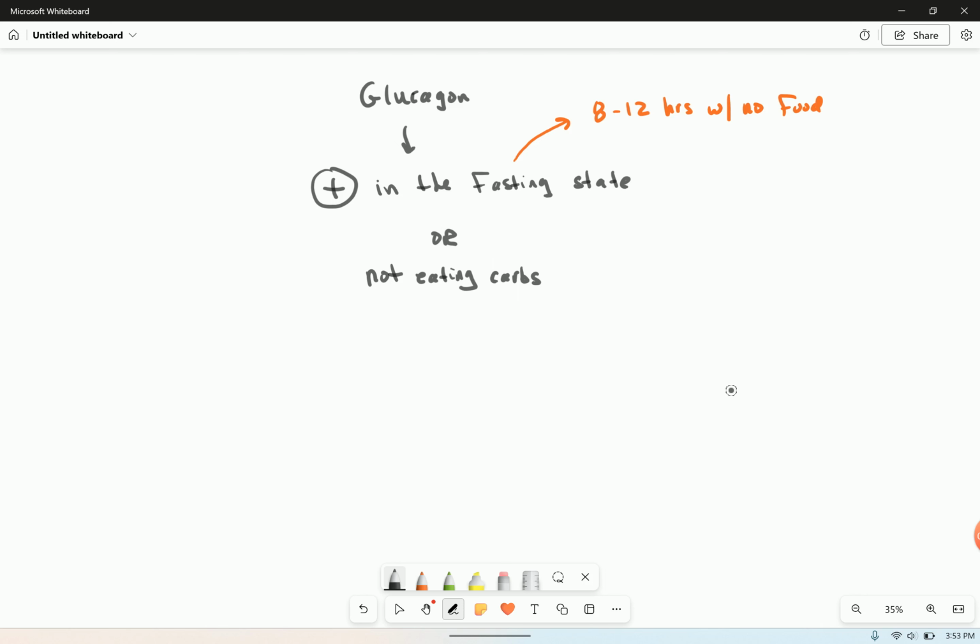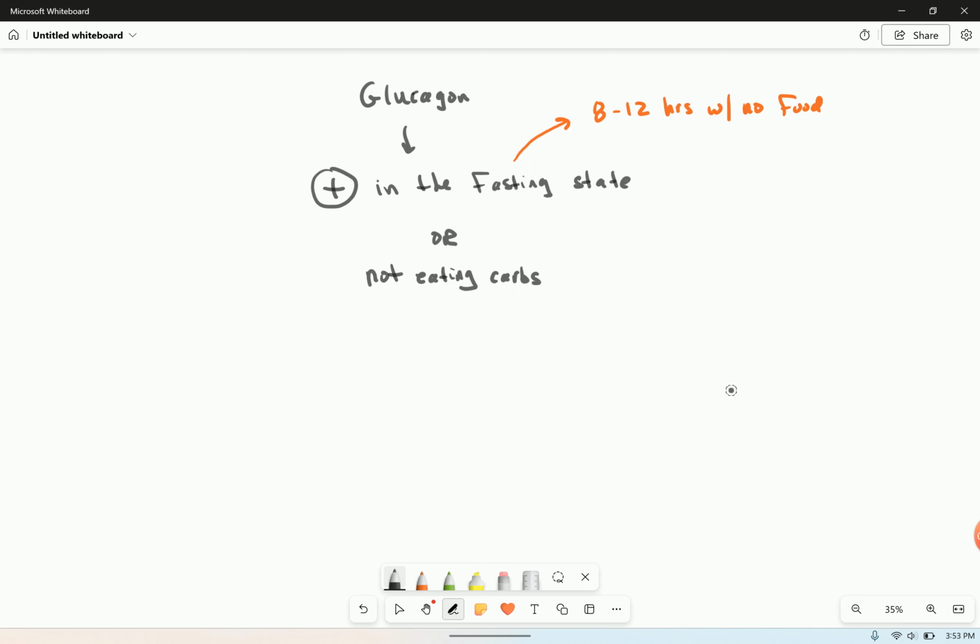Not really going to spend time on the keto diet in this lecture, but the super quick version is a keto diet is very low carbs, lots of fat and protein, and then you stimulate the fat cells to release ketones, and the ketones are now a substitute for the glucose.